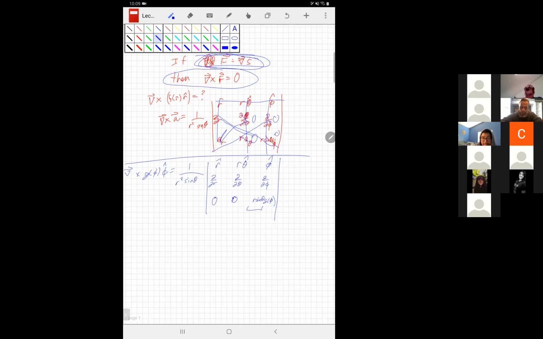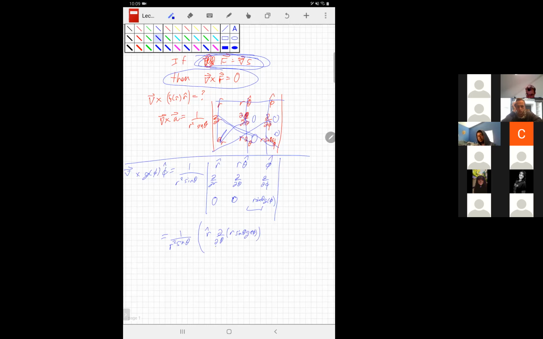So now if I take the curl, 1 over r squared sine theta times r hat partial by partial theta of r sine theta g of phi.